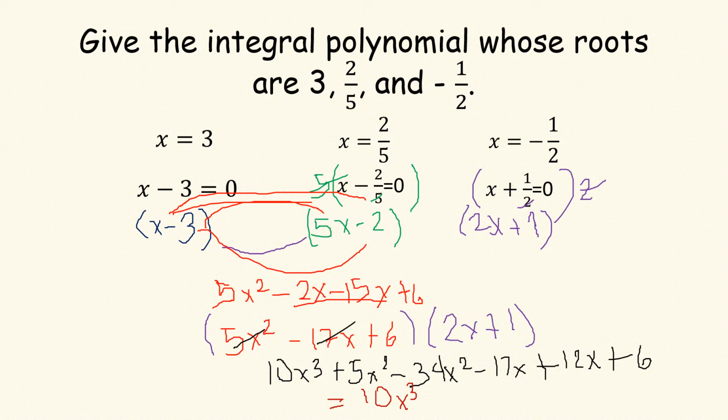Next, combine natin yung 5x squared minus 34x squared magiging negative 29x squared. Then next, doon tayo sa negative 17x plus 12x. So, magiging negative 5x.